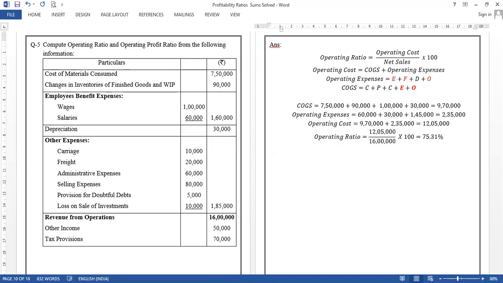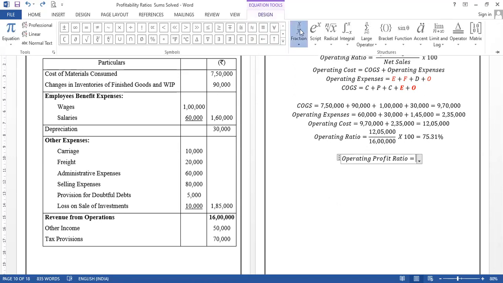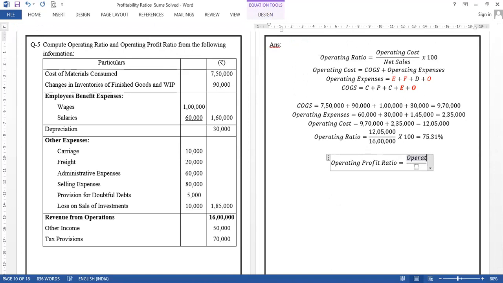Now the next ratio asked in the question is operating profit ratio. Let me write the formula for operating profit ratio. The formula for operating profit ratio is operating profit upon net sales into 100, right?